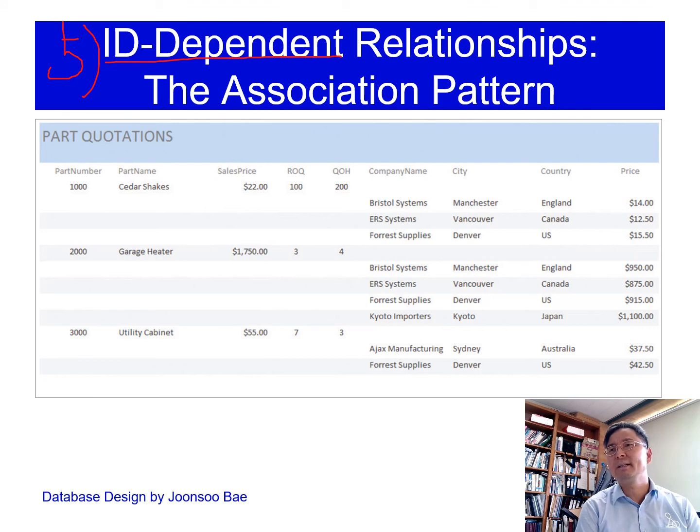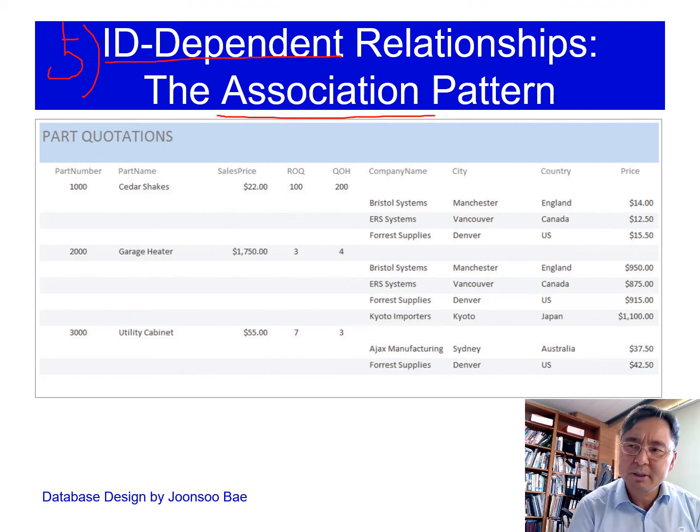So here, association patterns. If there are two entities and the special relationship has its own names, this is an association relationship.